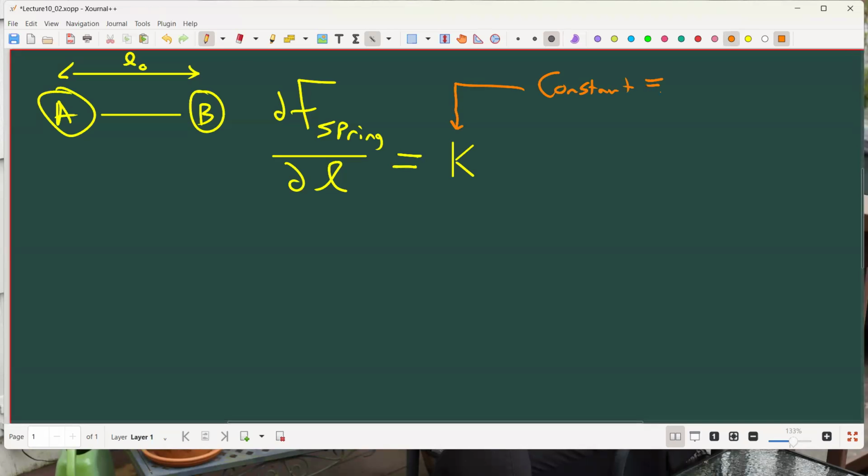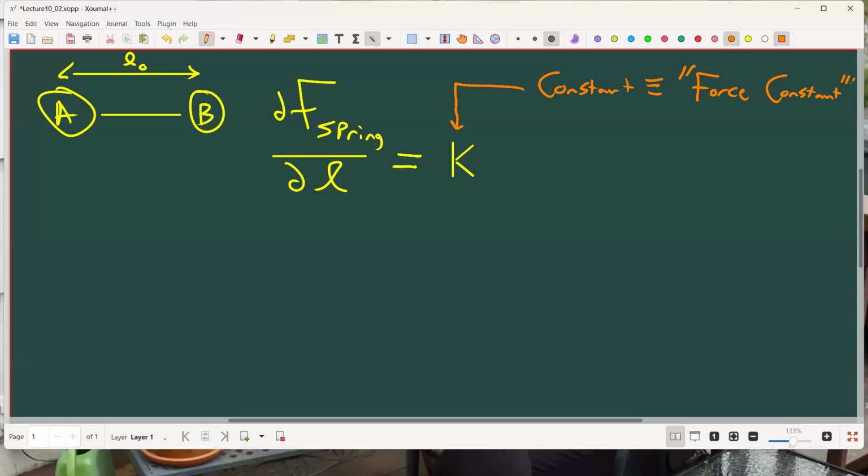We always call this the force constant for a spring. There are a couple of different words that people often use for this constant, but in chemistry, we always call it a force constant. We'll have to think about the units and what it means, but we'll come back to that. Just think, we have a linear displacement.